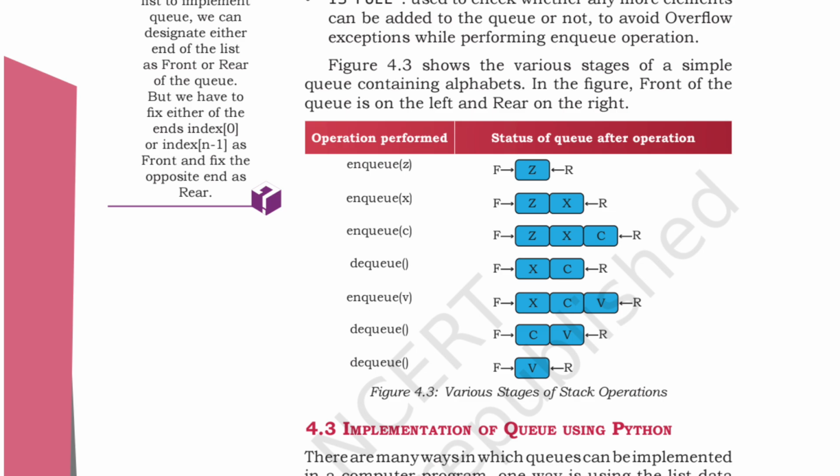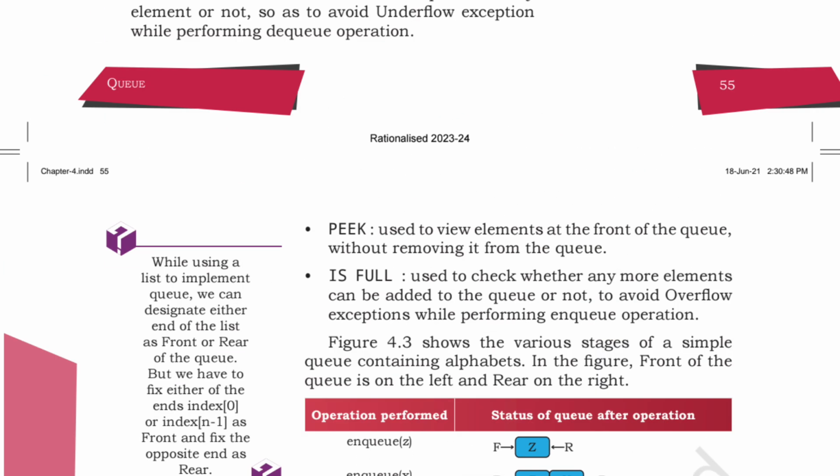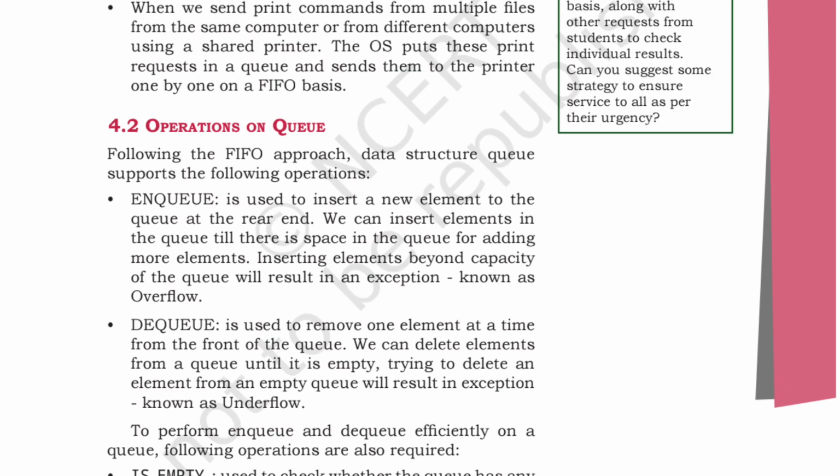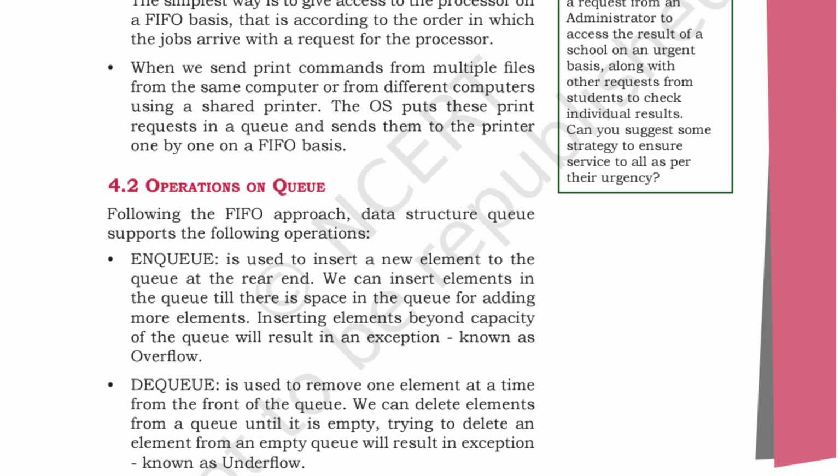So what is NQ? Front is your head. NQing we are doing over here, so it is at the tail, at the rear, again we are adding at the rear, because we are using NQing. NQing means it is used to insert a new element to the queue at the rear end.